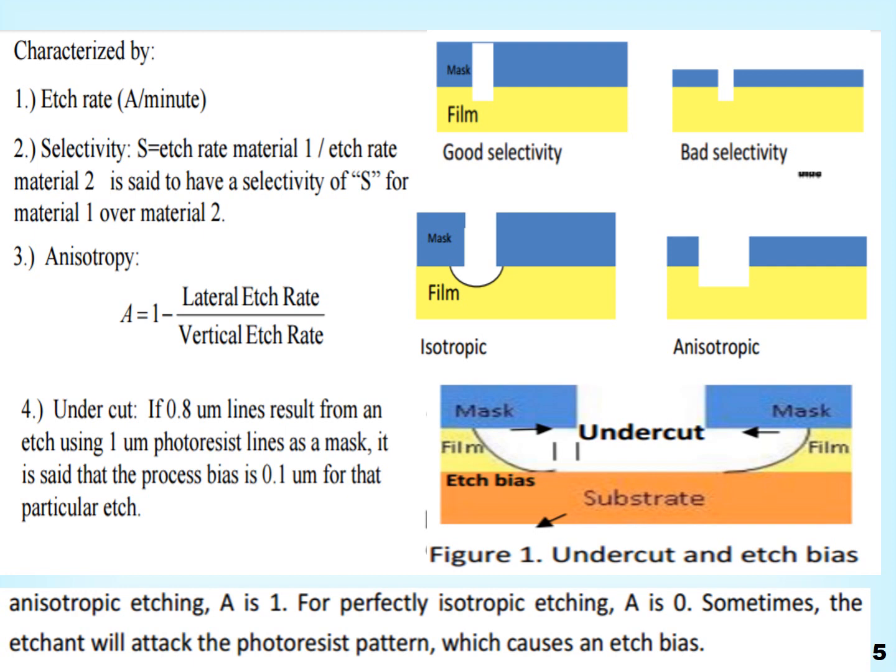When the etchant is isotropic in nature it creates an undercut below the mask, which is one of the parameters that has to be considered. For anisotropic etching A is 1. For perfectly isotropic etching, A will be 0, and the etchant will attack the photoresist pattern, which causes the etch bias.